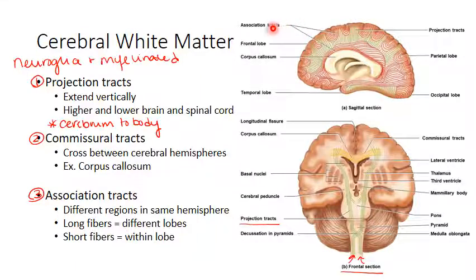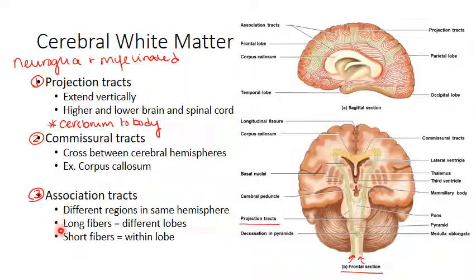So when we look on here, we can see these little red lines are taking information from here to here, or from here maybe over to here. Within a particular hemisphere, those are going to be our association tracts.